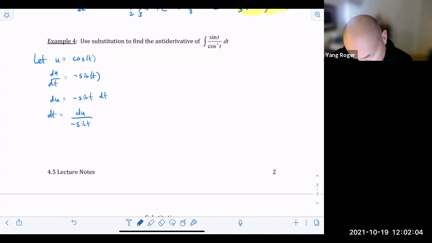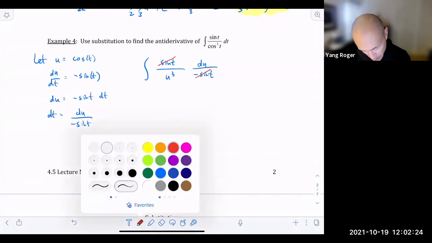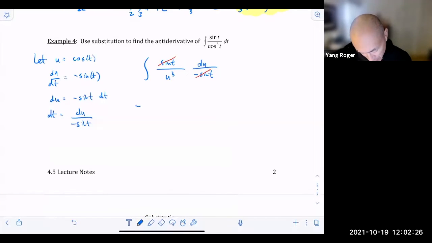Now I can make my substitution. I have sine of t, I'm going to have u cubed, and I'm going to have du over negative sine of t. At this point, the signs cancel out. You can pull out the negative in front. You get the integral of u to the negative 3 du, and then the negative stays there.